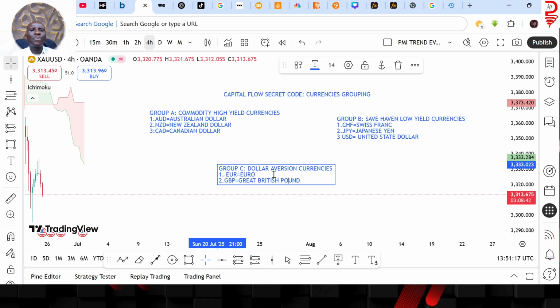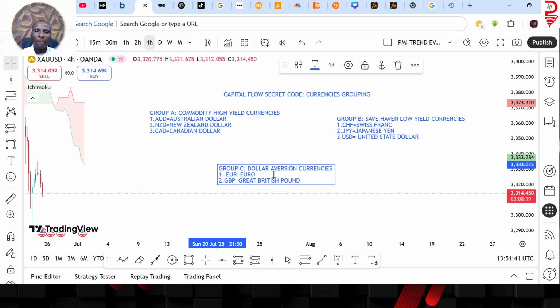For instance, if you pick Canadian dollar from group A and you now merge it with, let's say, Japanese yen, in a situation that you have risk off, capital is going to flow massively away from Canadian dollar.